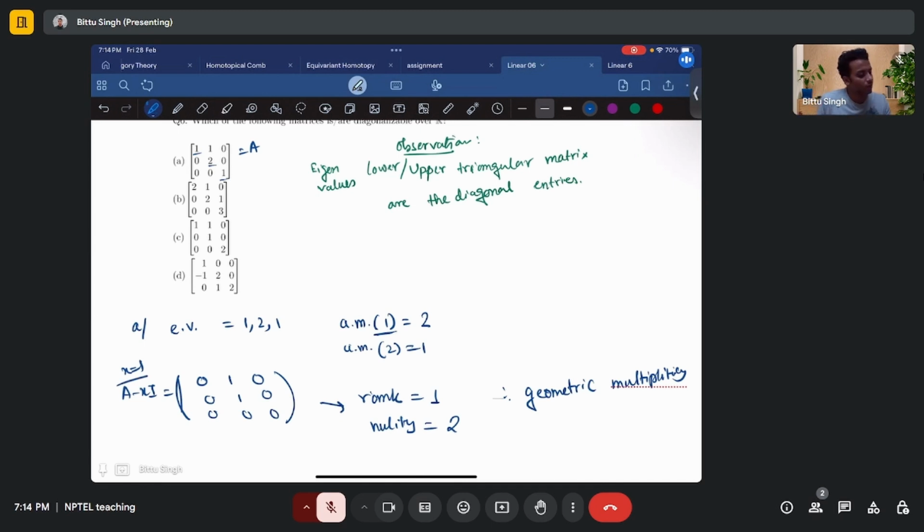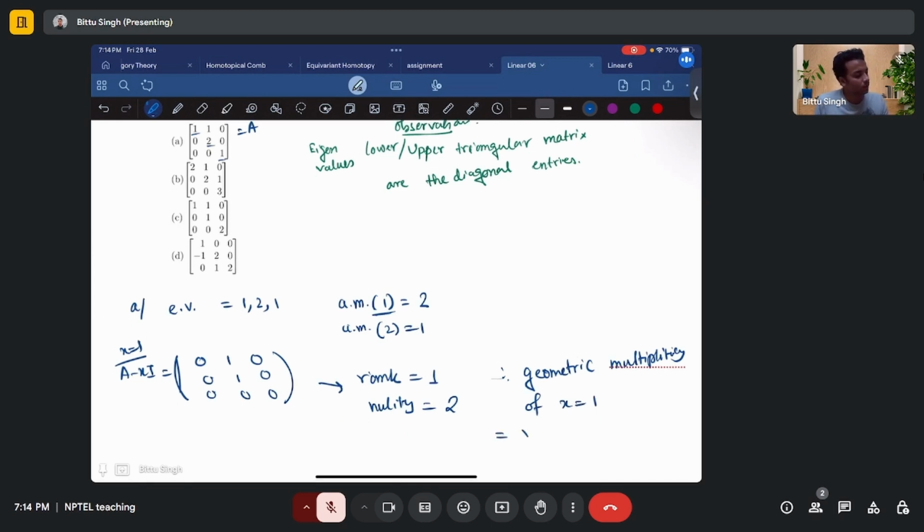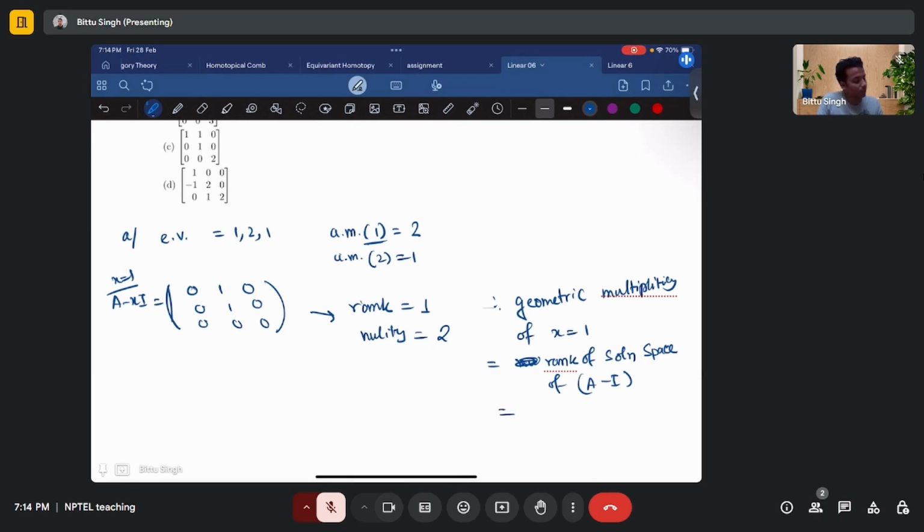The geometric multiplicity of eigenvalue 1 is the same as the nullity, the dimension of the solution space of A minus I, which is also the dimension of the eigenspace corresponding to 1.